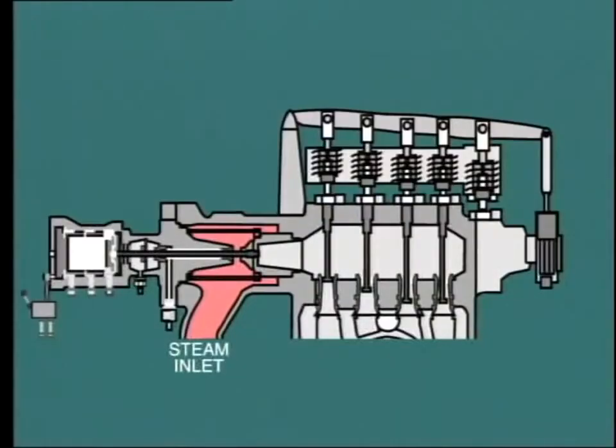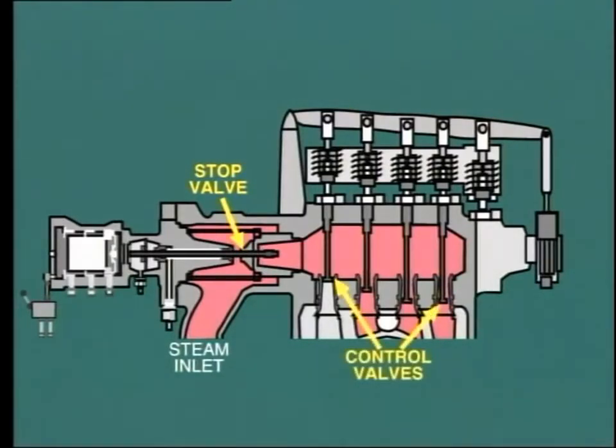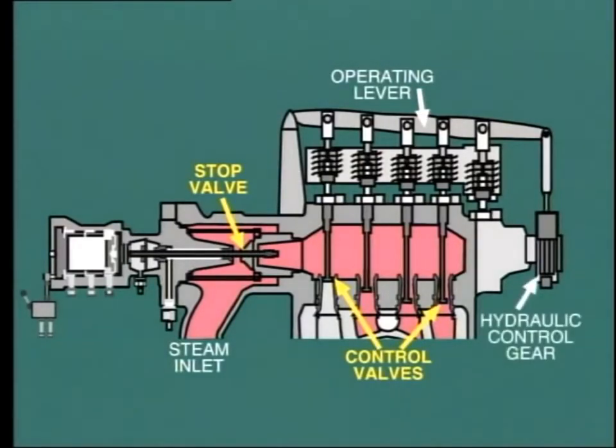In most arrangements of this type, a stop valve is fitted at the entrance to each steam chest. During normal operation, the stop valve remains in the wide open position, while the control valves are modulated to adjust steam flow. The actual opening of the control valves is determined by the position of the operating lever, and this in turn is adjusted by the power cylinder of the hydraulic control gear.